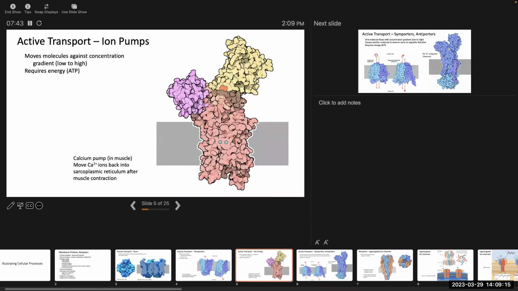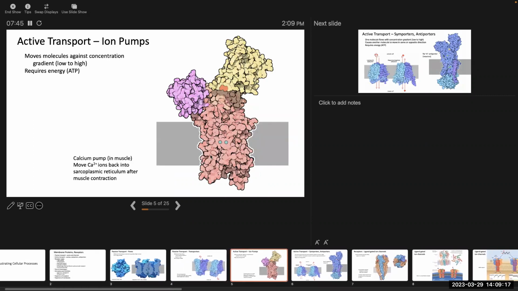Now, in addition to passive transport, where molecules flow with the concentration gradient, from high to low, there are also proteins embedded in the cell membrane that can actively pump ions or molecules the other way, against their concentration gradient.